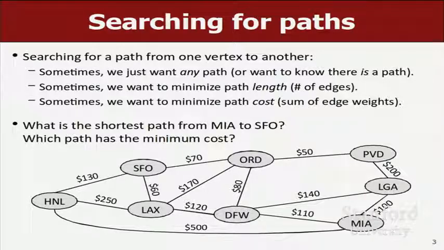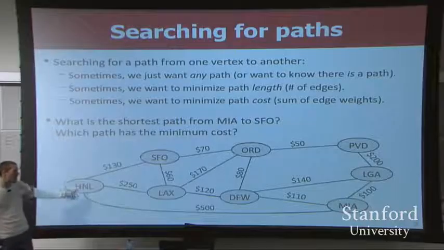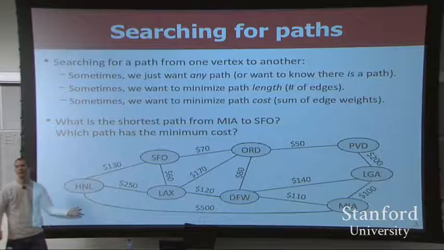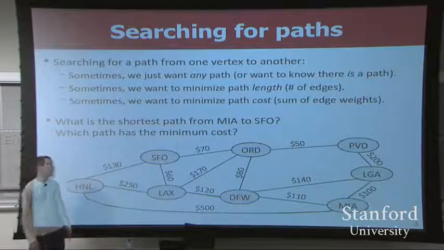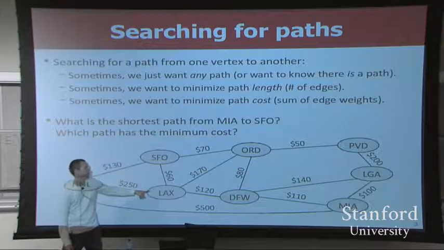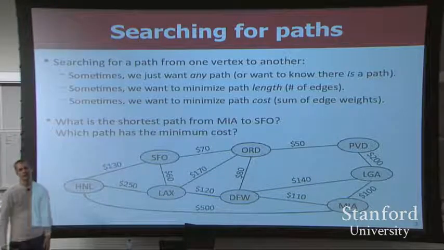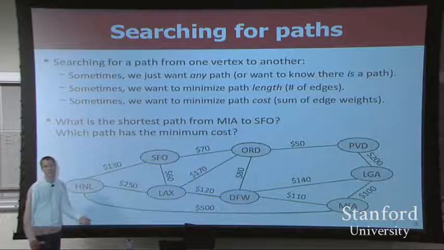So you might want to find a path from Honolulu to Miami that minimizes the number of hops. Hey, there's a direct flight from Honolulu to Miami that costs $500. Sign me up. Sleep on the plane. But maybe if I'm willing to hop 2 or 3 times, maybe the end cost is a little cheaper. Maybe that's the thing I care about the most. I'm willing to have layovers as long as I can save a few bucks, etc., right?